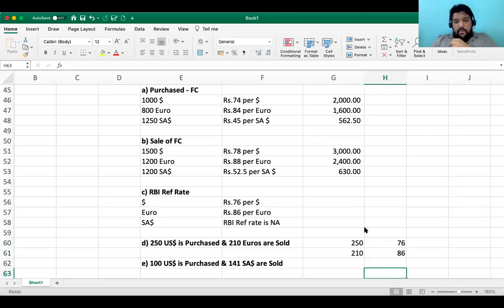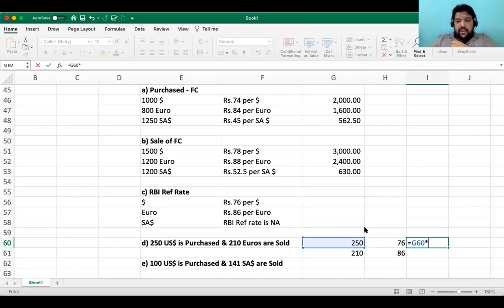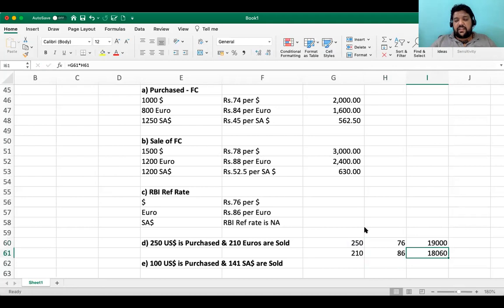So you will multiply both and get the numbers. Here it is 19,000. Here it is 1860. Among the two, whichever is less, that less into 1%. 180.60 technically. If you get 180.60, your answer is right. A lot of you got 180.60.